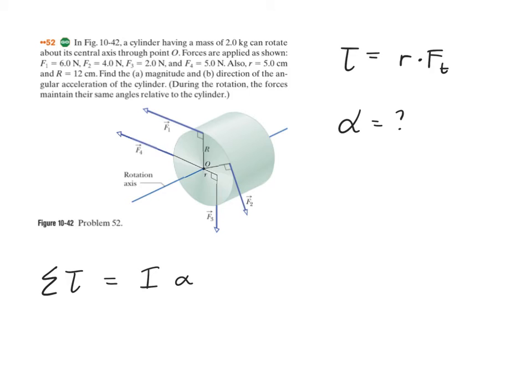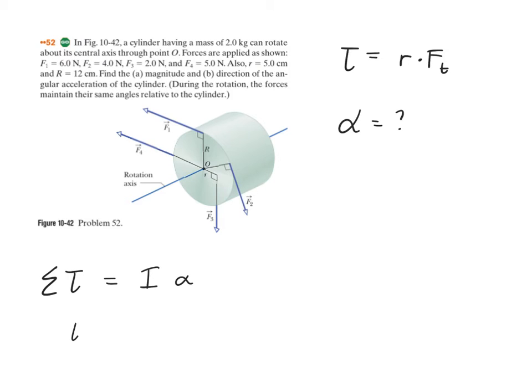Anytime an extended vector crosses a pivot point, the torque is zero. It's as if you're pushing on the door to open it at the hinge. We did that one in class, if you remember. Instead of pushing on the doorknob, you push all the way over here on the hinge, and the door, which is supposed to swing, is not going to swing. No radius. So let's keep that in mind.